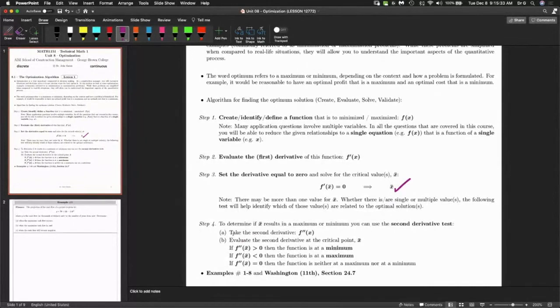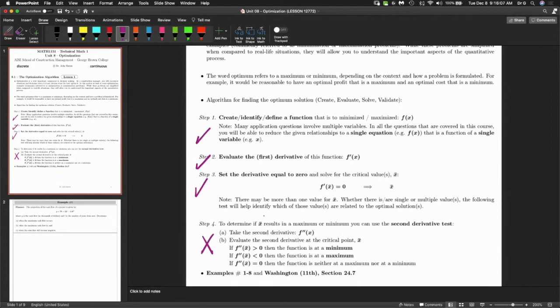Step 4 is how you verify that the value that you found for x corresponds to the optimal or maximum or minimum, depending on the situation, value. So what am I looking for in terms of today's class? I'm going to be doing steps 1, 2, 3, and then step 4 I'm not going to do. I'm not going to ask you to verify whether or not a solution that we find through this process is indeed a maximum or a minimum.